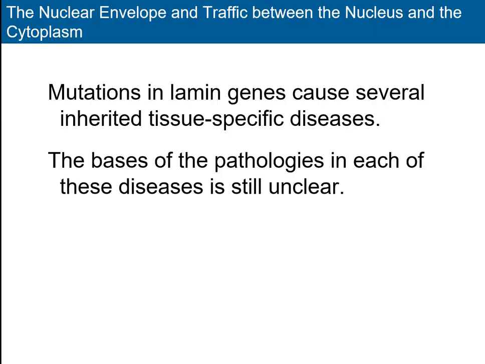Now, one interesting thing is that mutations in lamin genes cause several inherited, particularly tissue-specific, diseases. Which is interesting because if you think of the nuclear lamina, you have it in every cell type, and you would imagine it would be just as important in a muscle cell as in a skin cell, or a lung cell, or a heart muscle fiber.